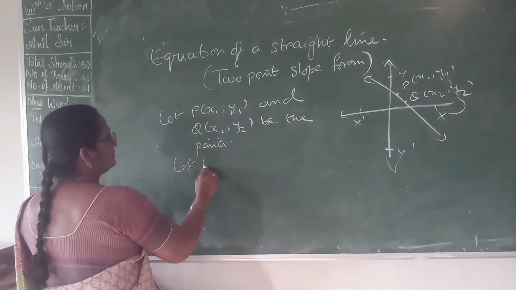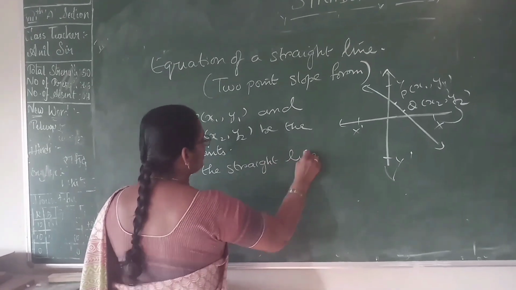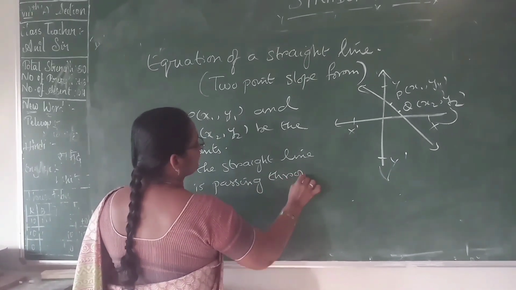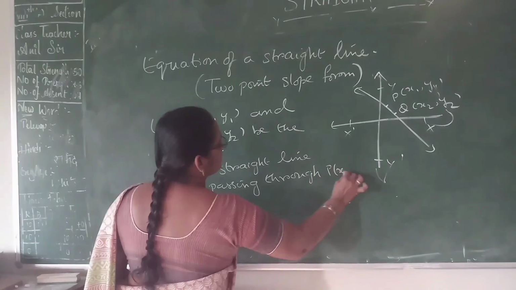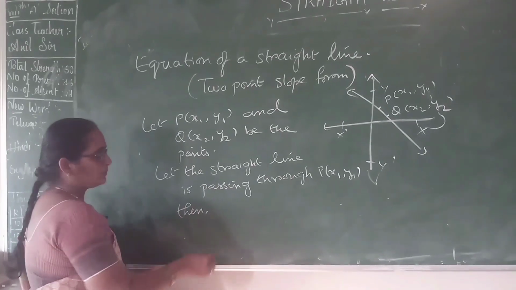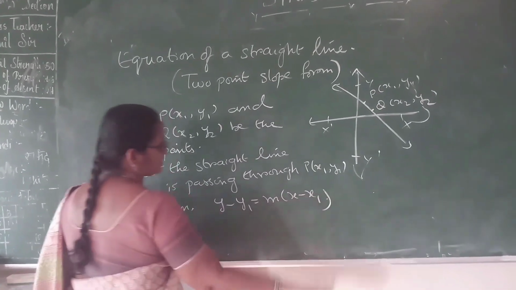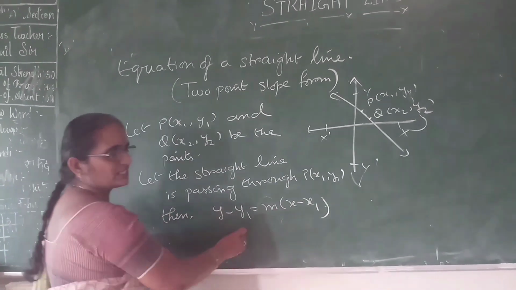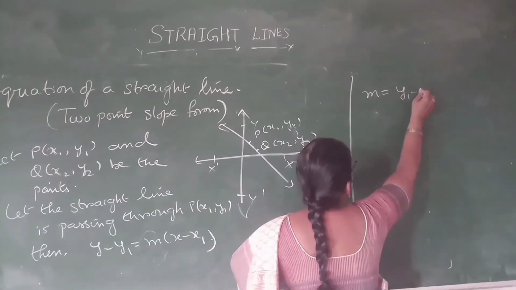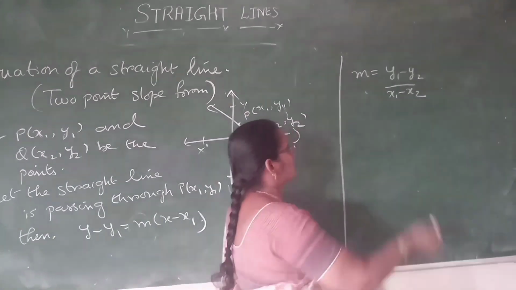Let the straight line is passing through P x1 comma y1. Then according to the formula, that is y minus y1 equal to m into x minus x1. Then what is m? M is actually slope. So we can write here m is equal to y1 minus y2 by x1 minus x2, as we have learned earlier.